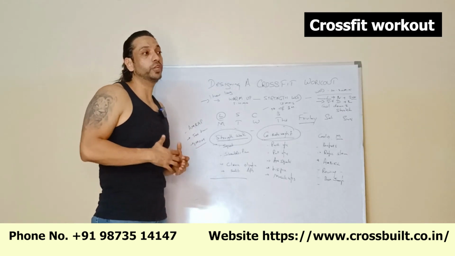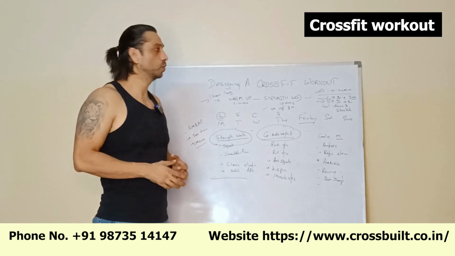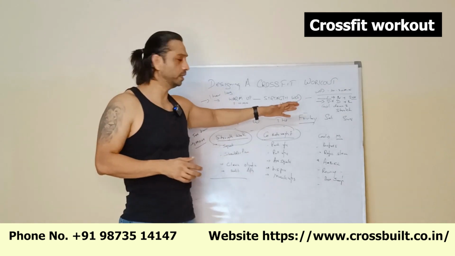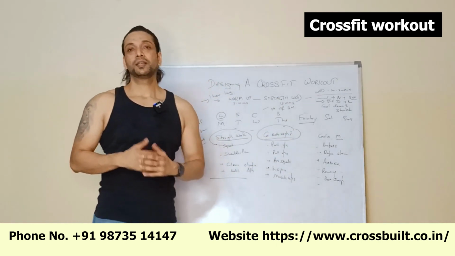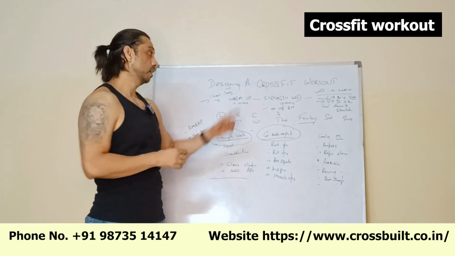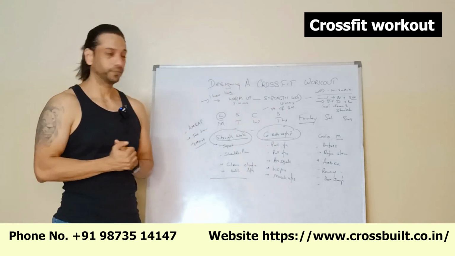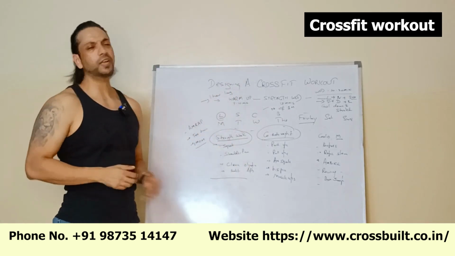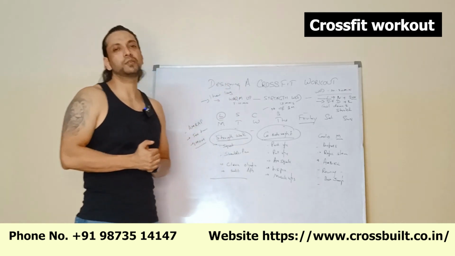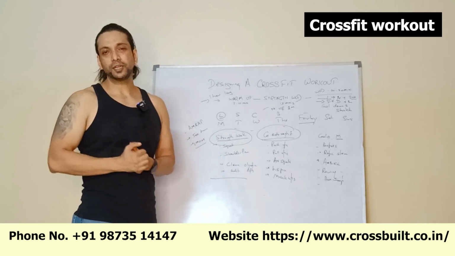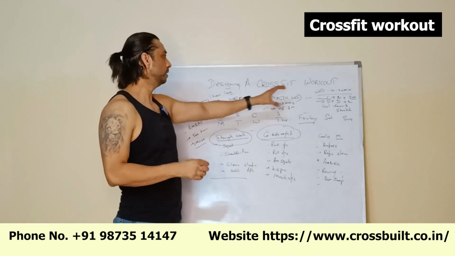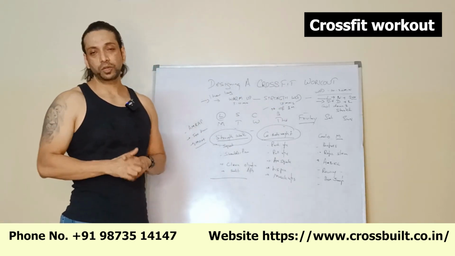So we would like to chase all of that, functional fitness. So we would like to throw in a lot of things wherein there are multiple benefits that the client gets in the last second WOD. And after that we would be left with 5 or 10 minutes. So we would do some bit of cool down and stretch and call it a day. So that's how ideally the hour would look like.